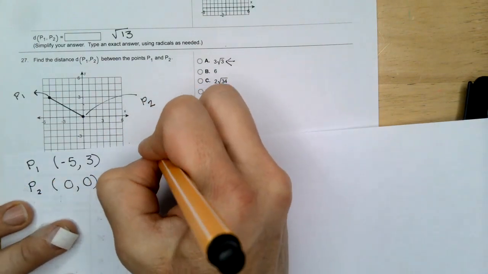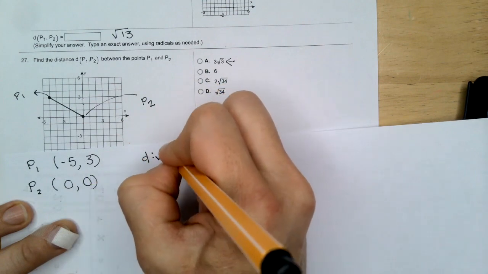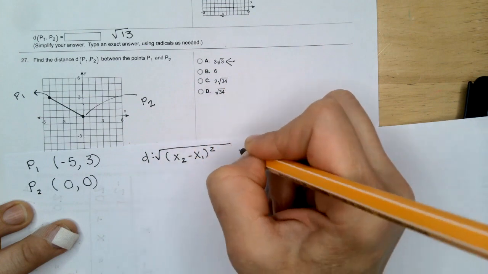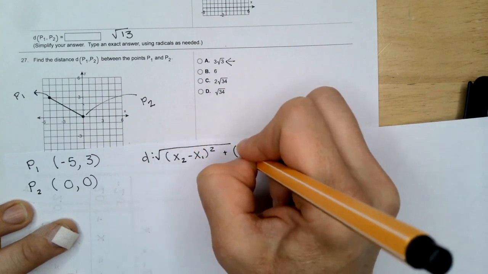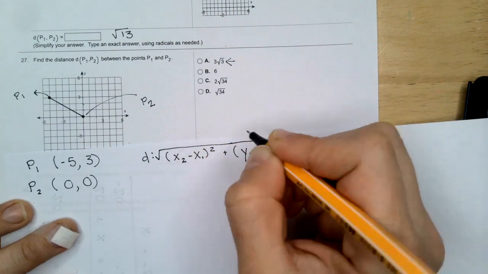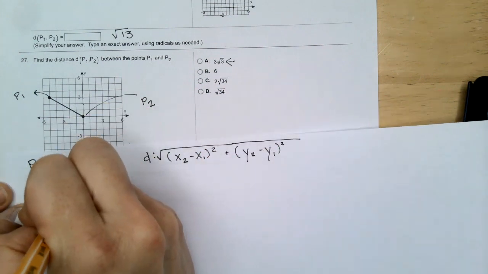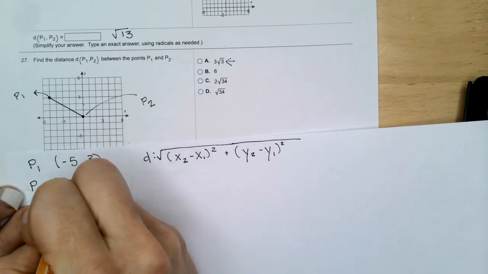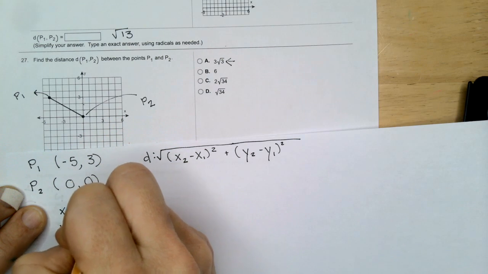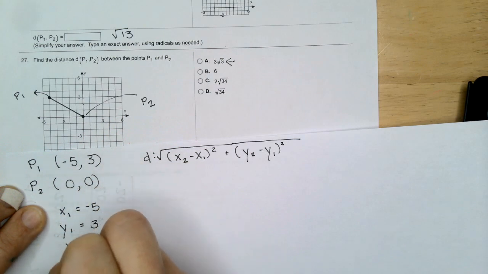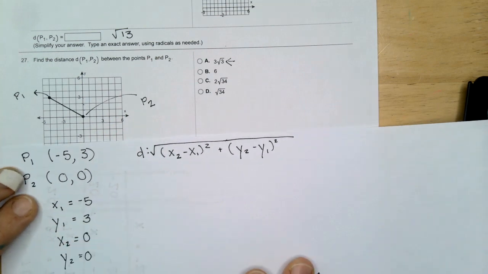The distance is going to be x2 minus x1, I'll write it correctly this time, squared, plus y2 minus y1 squared. X1 will be negative 5, y1 will be 3, x2 will be 0, and y2 will also be 0.